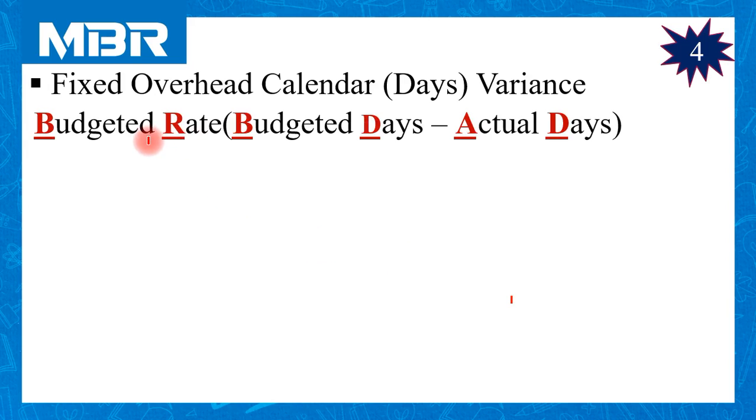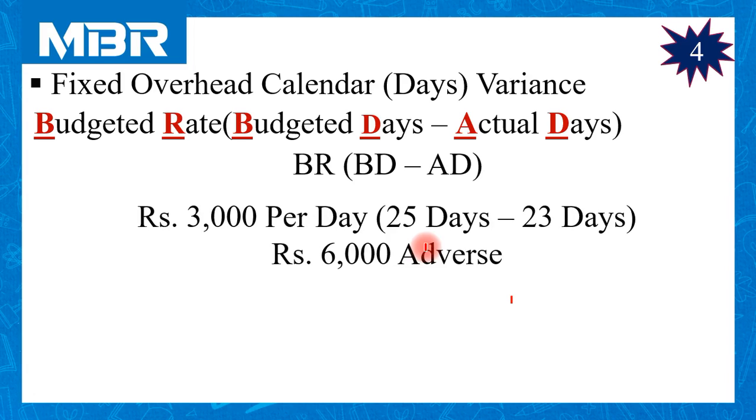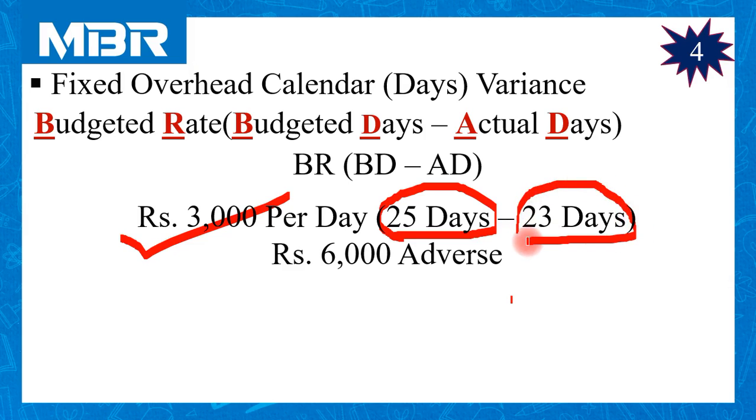Here we need to apply the budgeted rate per day because we need to compare budgeted days and actual days. BR into bracket BD minus AD. Let us enter the data in the formula. Budgeted rate 3000 rupees per day, budgeted days 25 and actual days 23.